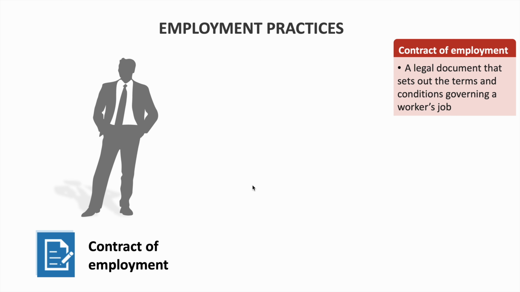So the last thing that we're going to have a look at, which is part of this chapter, is employment practices. We know that at the beginning, when we have an employee, we need to sign a contract of employment with them, which is a legal document that sets out the terms and conditions governing a worker's job.